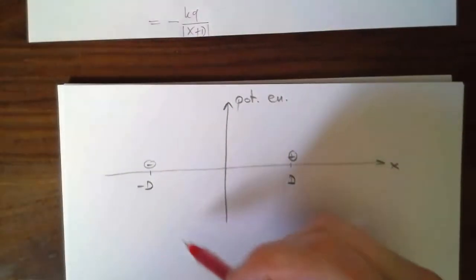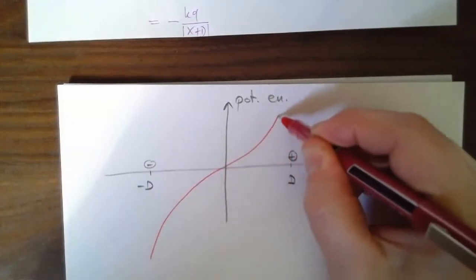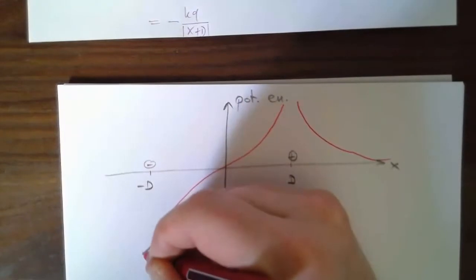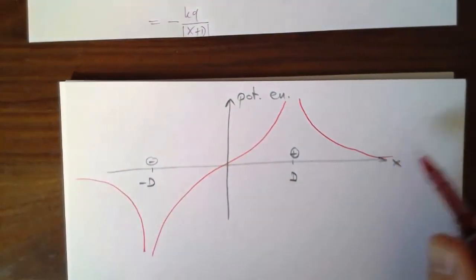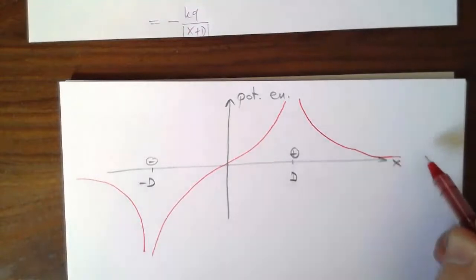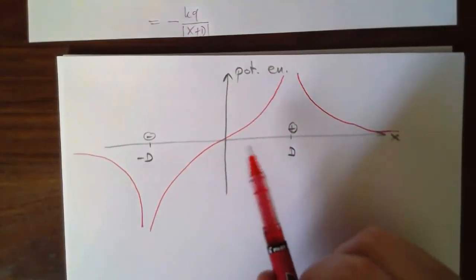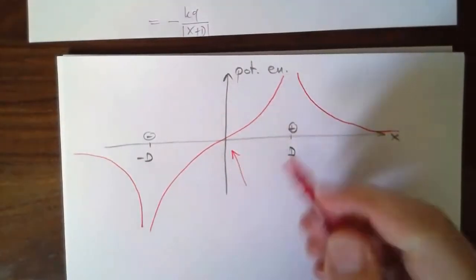So the potential we're going to get is going to look something like this. And then it goes to 0. Not here, it keeps going to infinity and only reaches 0 when you add infinity. But what it does imply is that the potential is 0 right there.